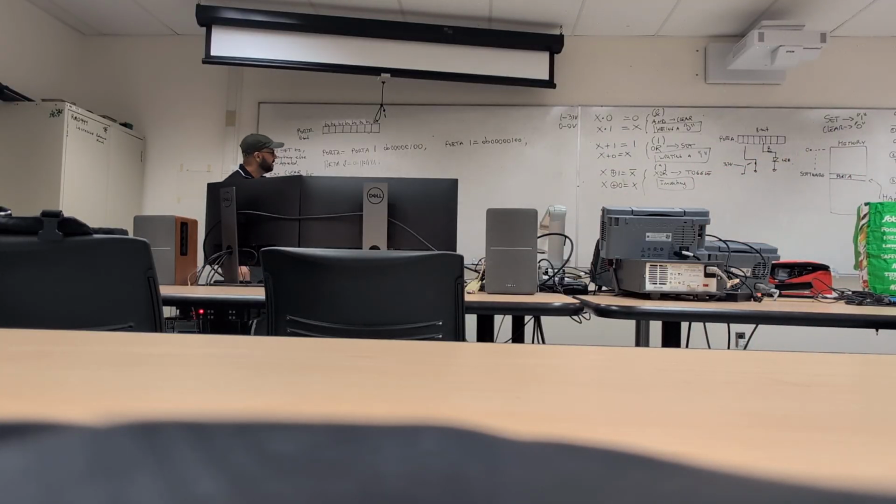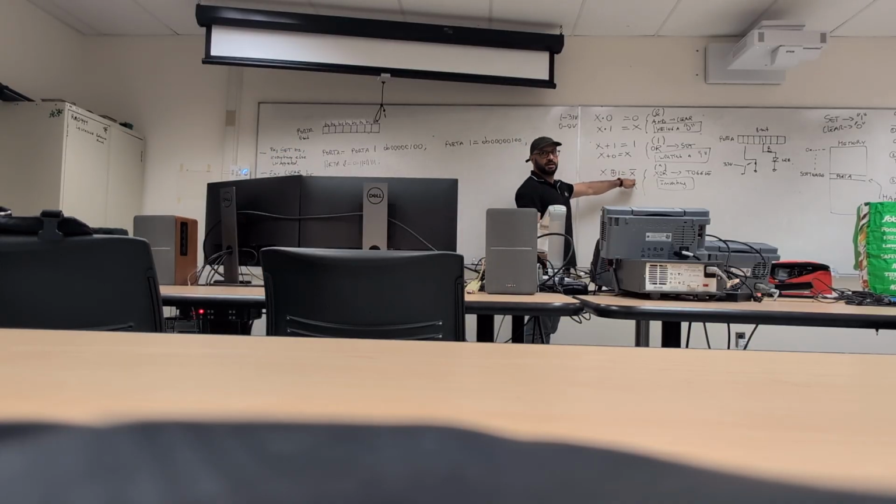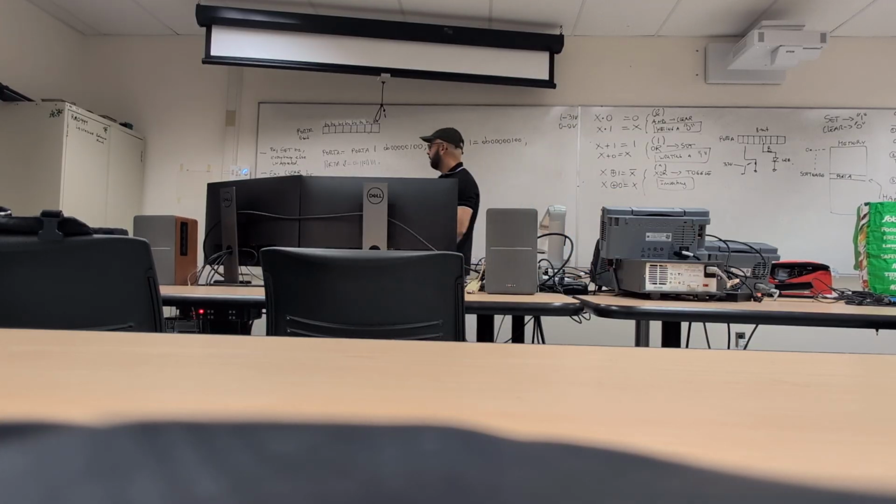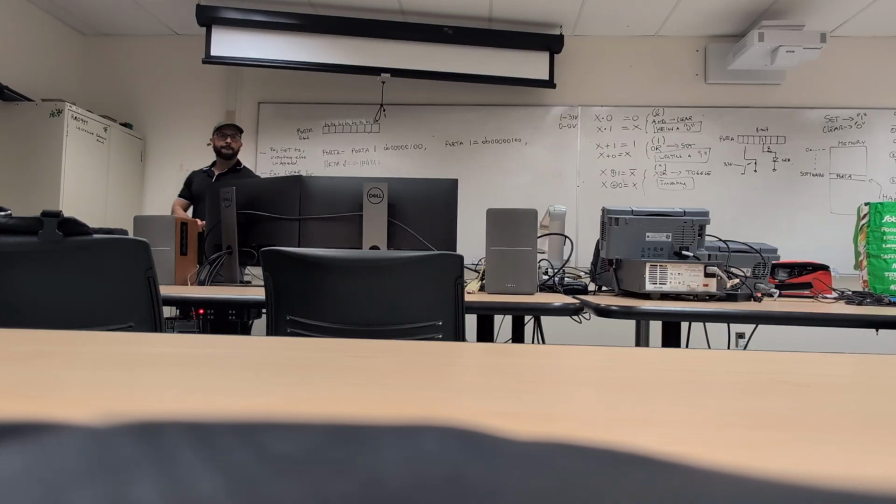Okay, see, if you want to toggle B3, 0, 1, 2, 3, you exclusive OR with a 1, so it toggles. You want everything else to remain unaffected, so everything else has to be exclusive ORed with a 0. Okay? Questions?